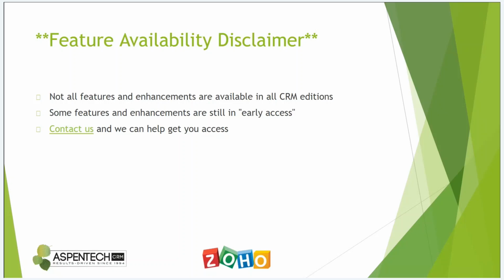Any of these things, whether it's which edition something's included in, or whether it's in early access, or if you should already have automatic access to it, these are the types of things we can certainly help you with. I included a link to contact us there. You'll get these slides afterwards, and you're welcome to reach out. And if we can help you, we'd certainly like to.